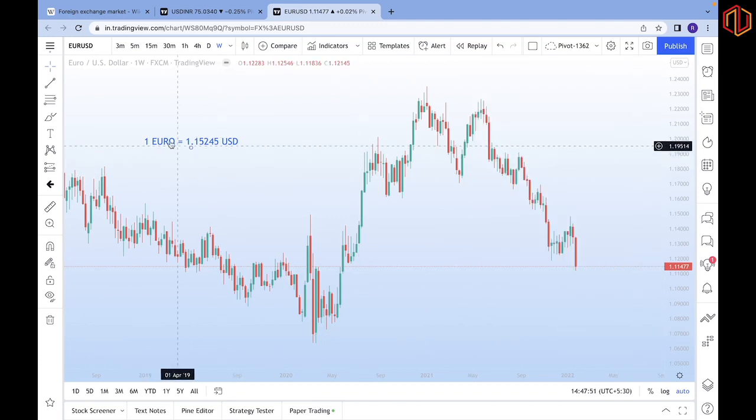Okay, so €1 is equal to 1.15 US dollars, which means obviously the value of the euro is slightly stronger than the value of the dollar.